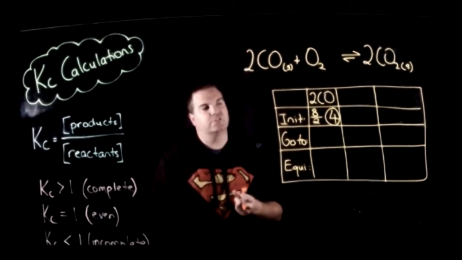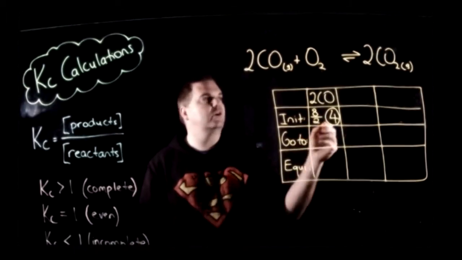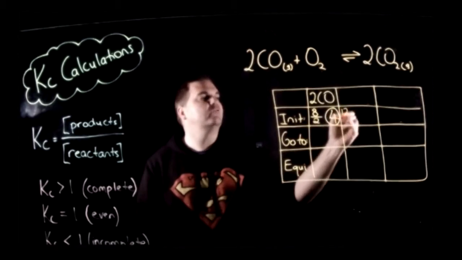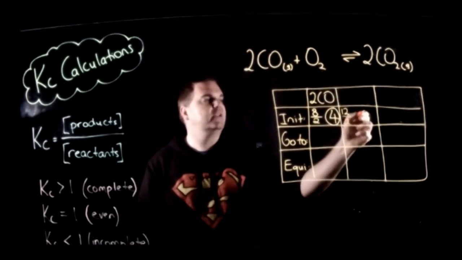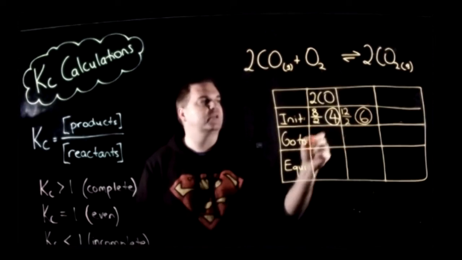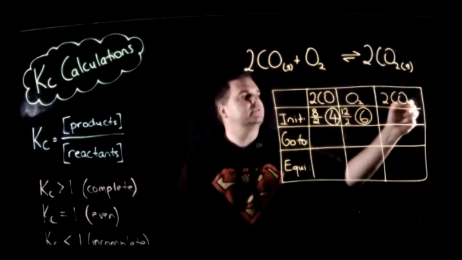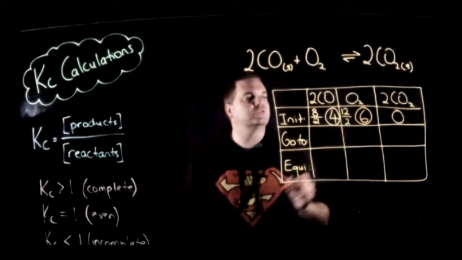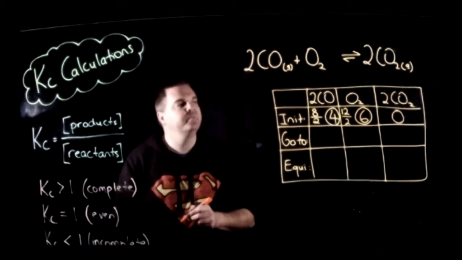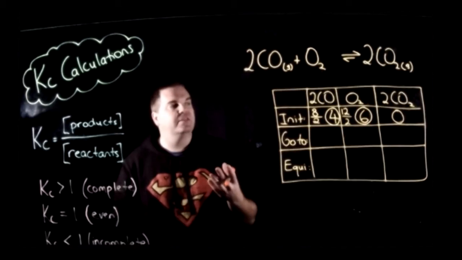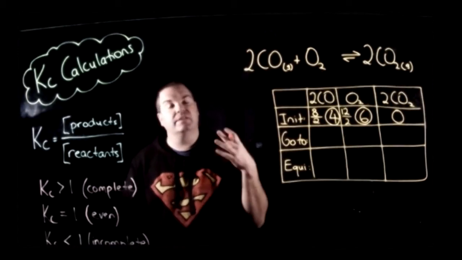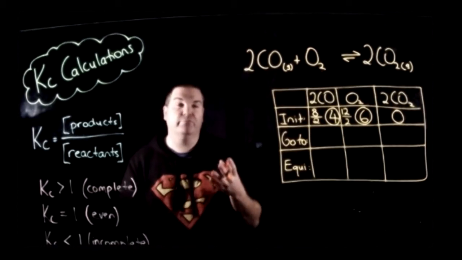It also told us that we had 12 moles of oxygen. 12 moles of oxygen in a 2 litre container gives us 6 moles per litre as well. We didn't have any carbon dioxide to begin with, so our initial concentration there is 0. Now, the second thing is it told us the equilibrium concentration of one of the reactants.